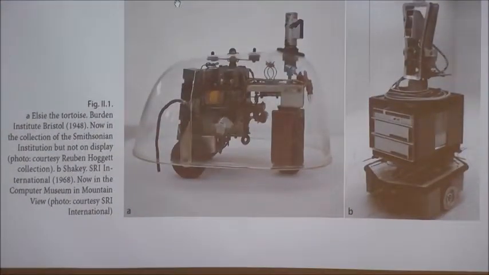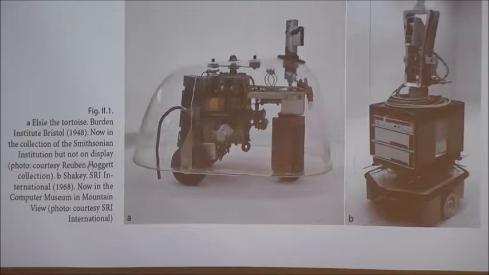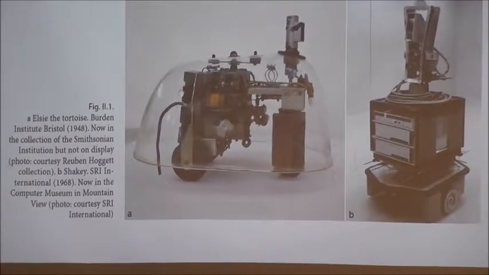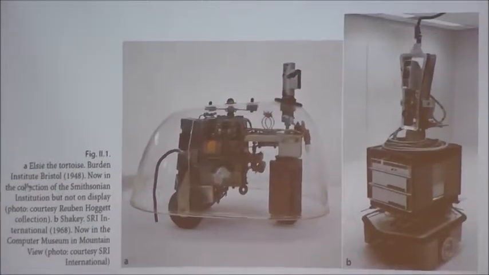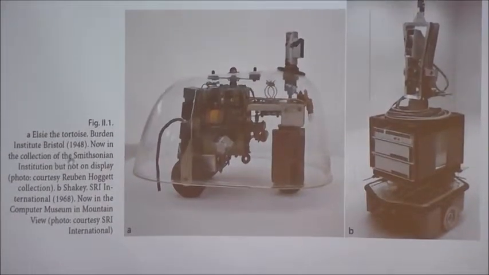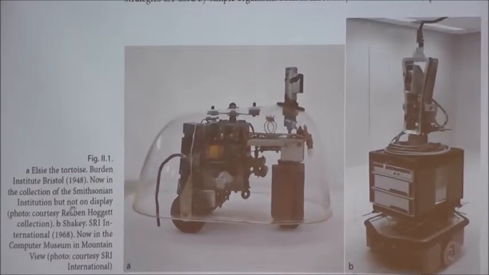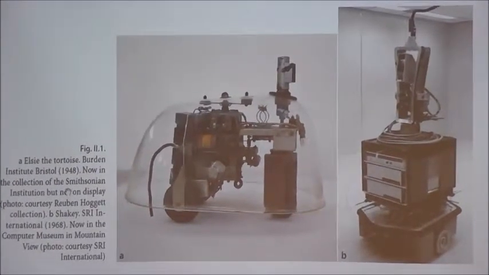Here you see two mobile robots which are historically from a long time ago. The one on the left, believe it or not, was put together in 1948, and it is now in a Smithsonian institution in Washington, D.C., though it's not on display anymore.